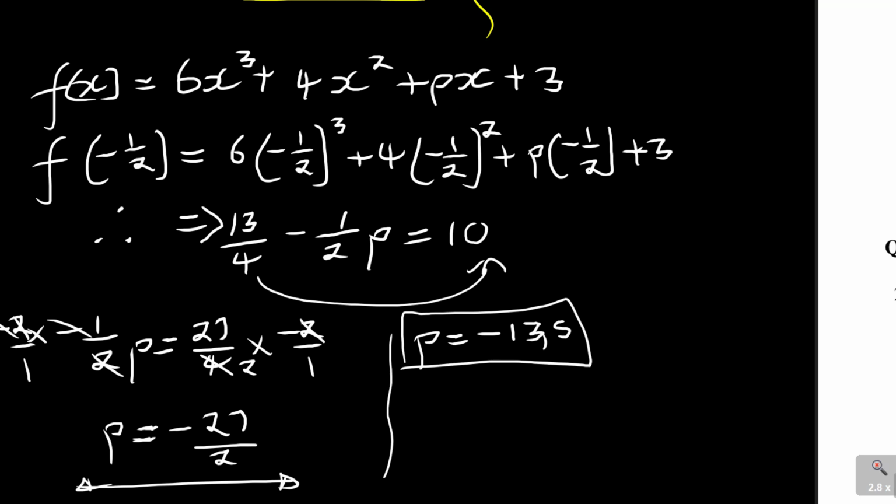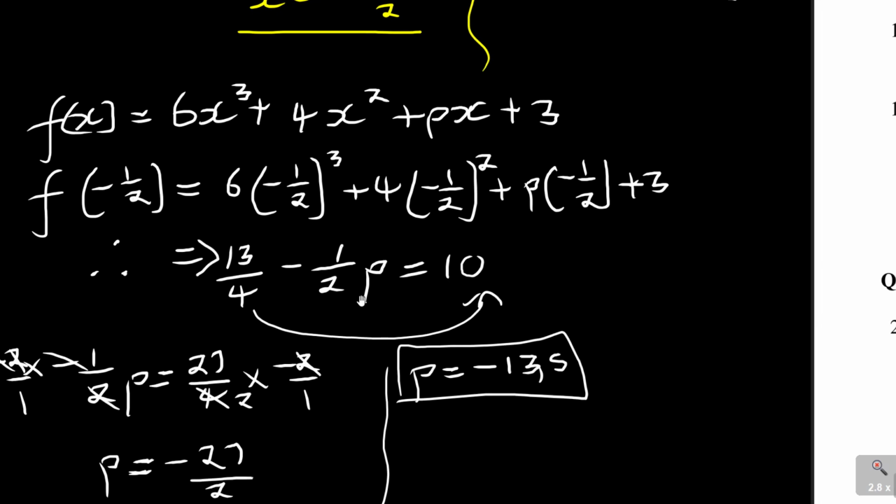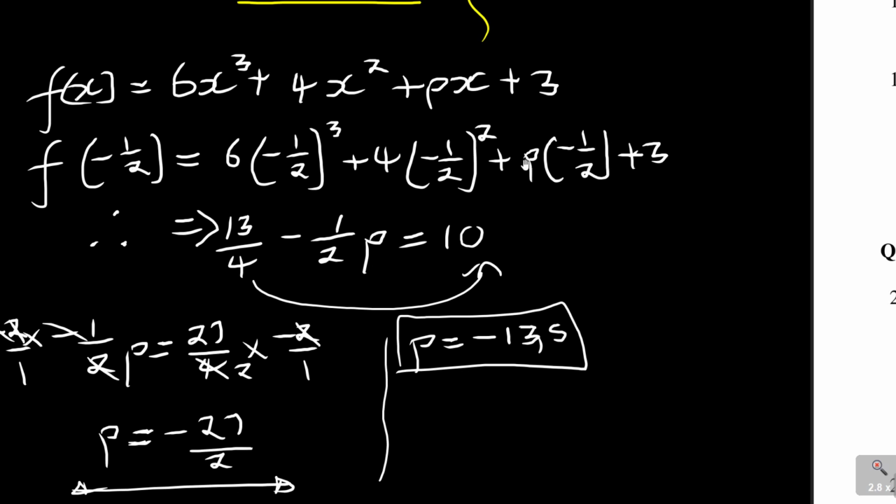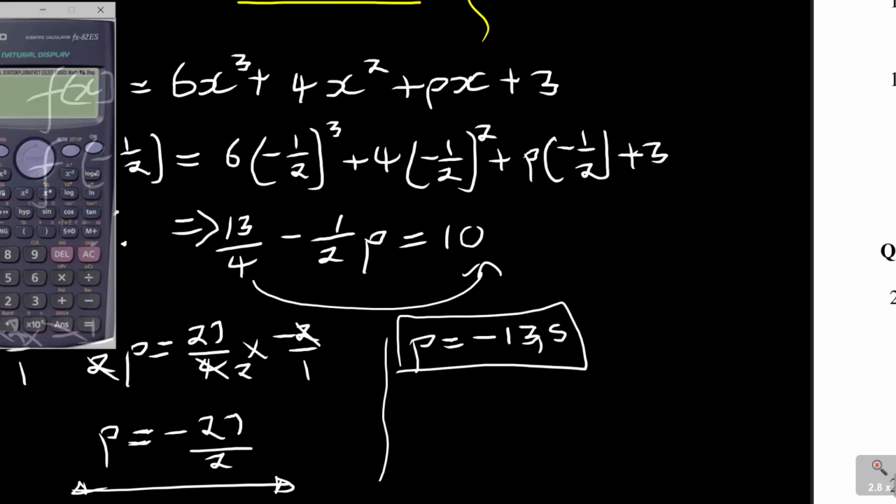You can do that. Now, do you want to test it? Yes, you can test it, whereby where there is P, you put the value of P. So let's try that, which is the negative 27 over 2. It must give us a 10, like it said.